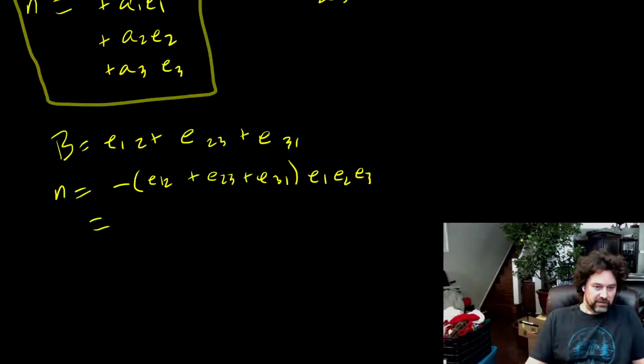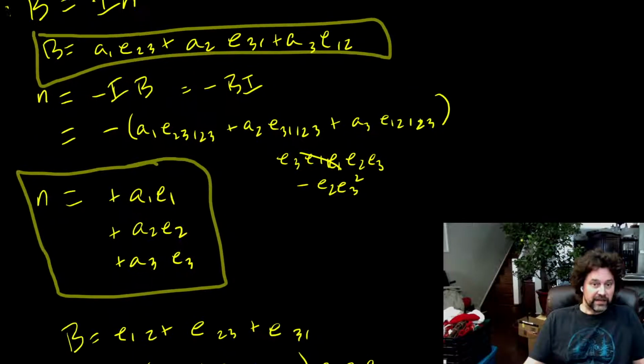So we have e3, and e2,3 times e1 e2 e3 is minus e1. So minus 1 times minus e1 is e1, and e1 times e1 is 1. So we're left with e3 times e2 times e3, which is minus e2. Minus e2 is e2.